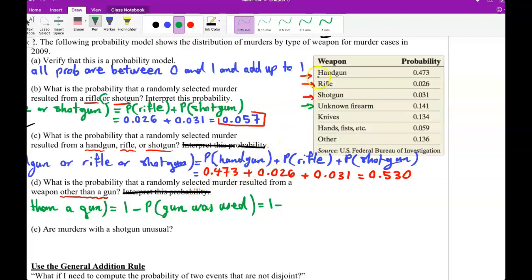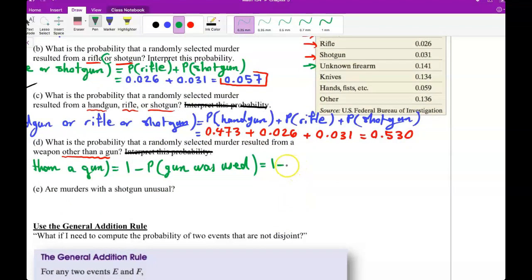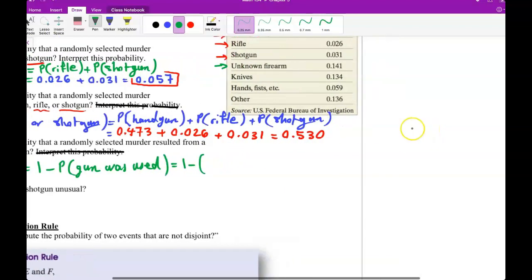So that is probability of handgun or rifle or shotgun or unknown firearm. So let's write that here.